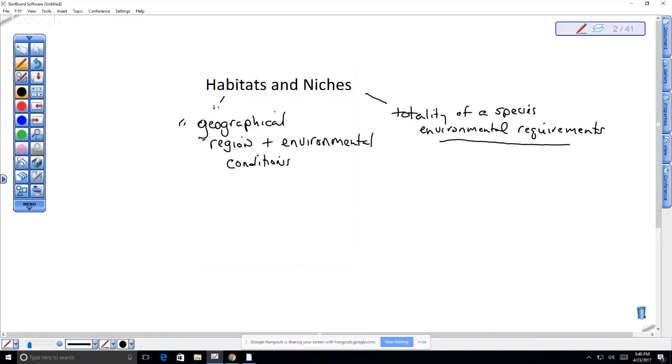So there is a kind of a theory or a law in biology that is called the competitive exclusion principle. And this is the idea that no two species can share the exact same niche.